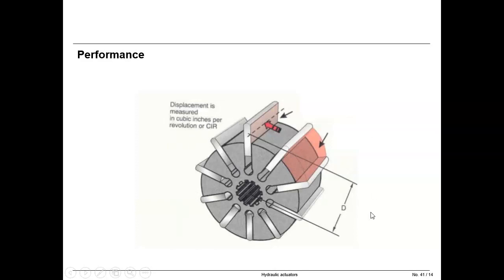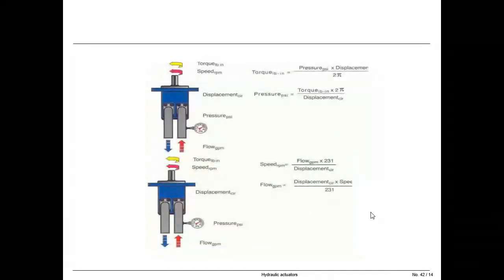We don't use inches, but some companies still use them. So there are some formulas for how you can calculate the speed and flow and the pressure and torque and so on.